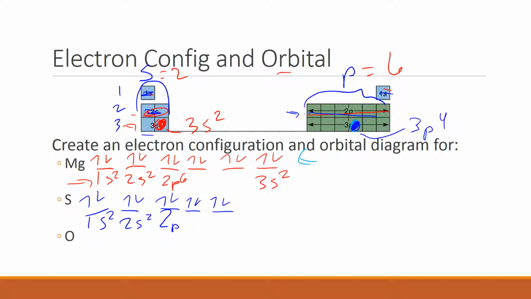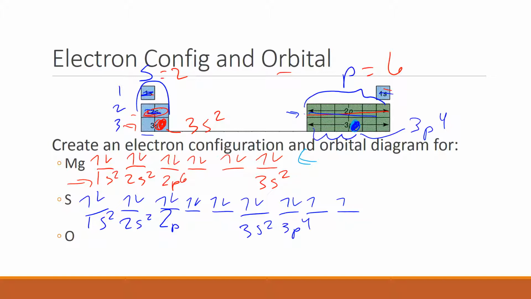And then we're at the s block, so 3s2, we're going to keep going through it, so 1, 2, and then we're on our p block, so 3p, and we're going 1, 2, 3, 4. So 3p4. So there's both the orbital diagram and the electron configuration.